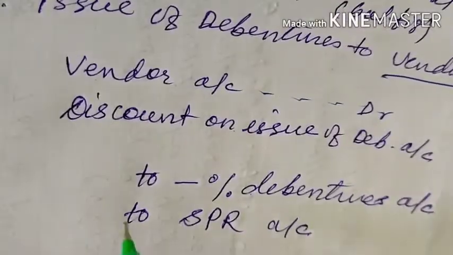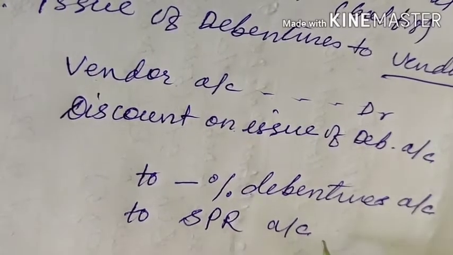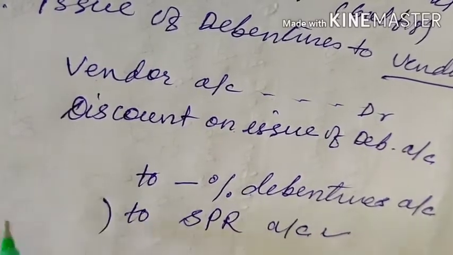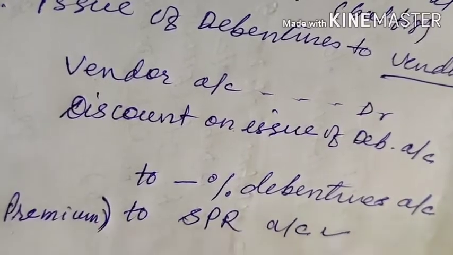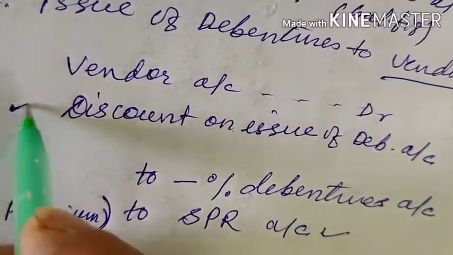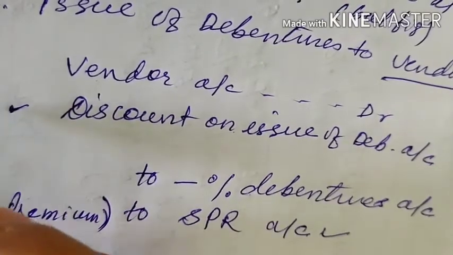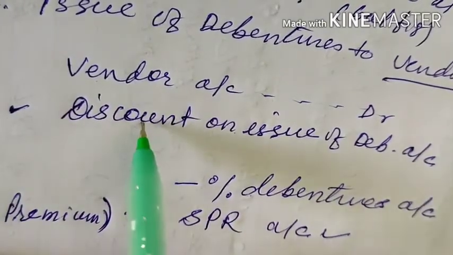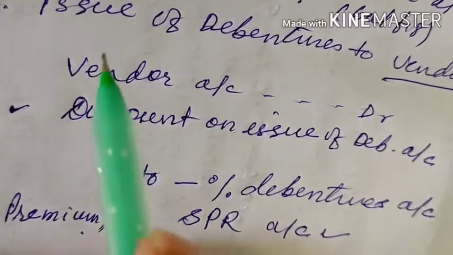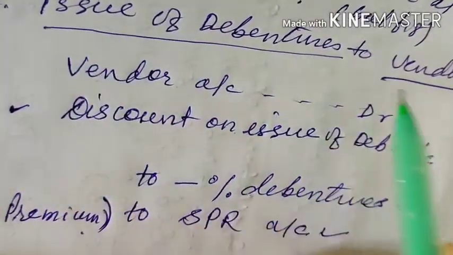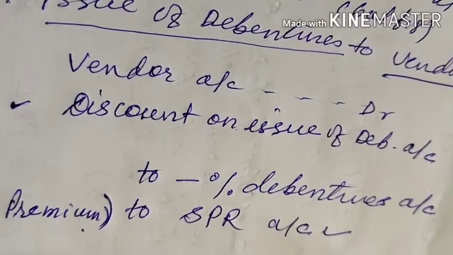Now this entry is for the premium. You write this only when there is a premium. And this entry is for the discount. If there is a discount, we'll write this one. If there is a premium, we'll write that one. So this is the entry for issue of debentures to vendor.